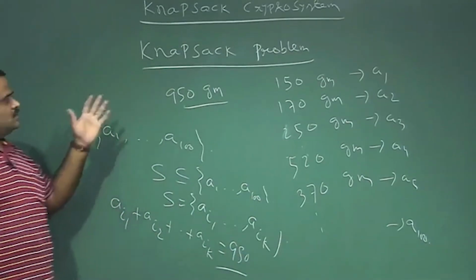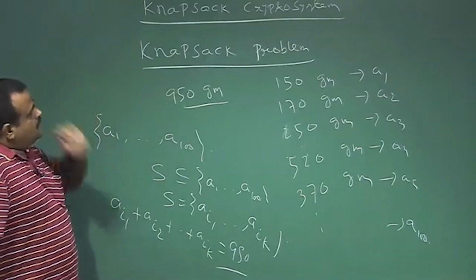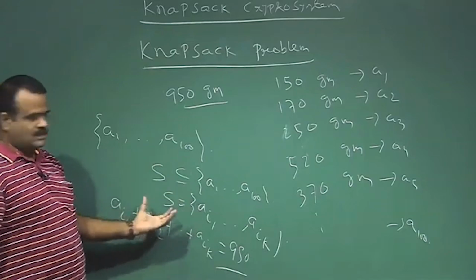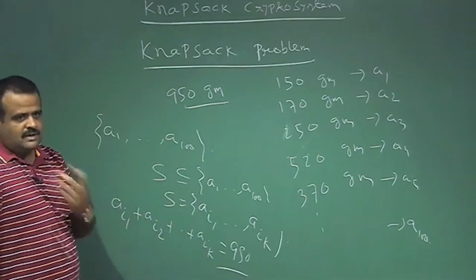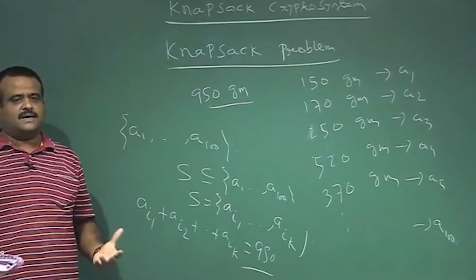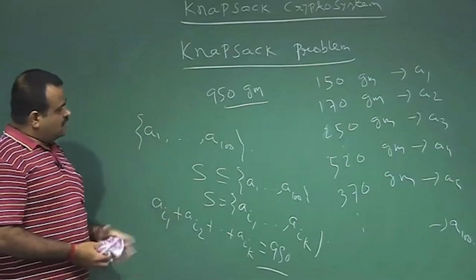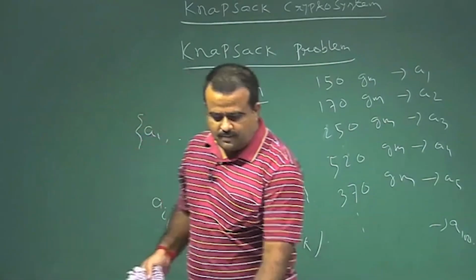We are given some integers, and this is also called the subset sum problem. The subset is called a knapsack, because we keep these apples into our bag, and that bag is called a knapsack. We can formally write this problem. This is called the subset sum problem.